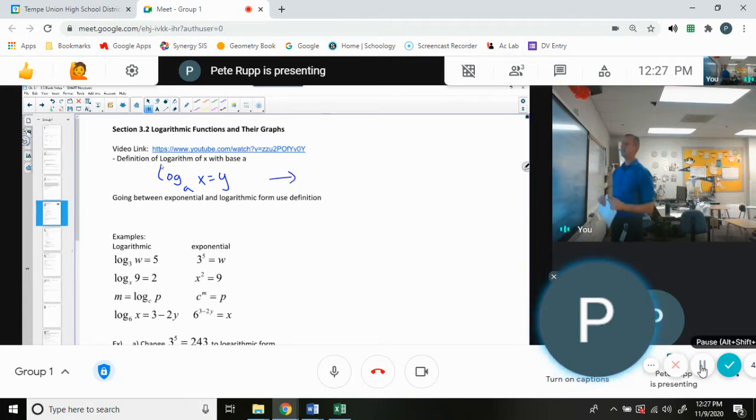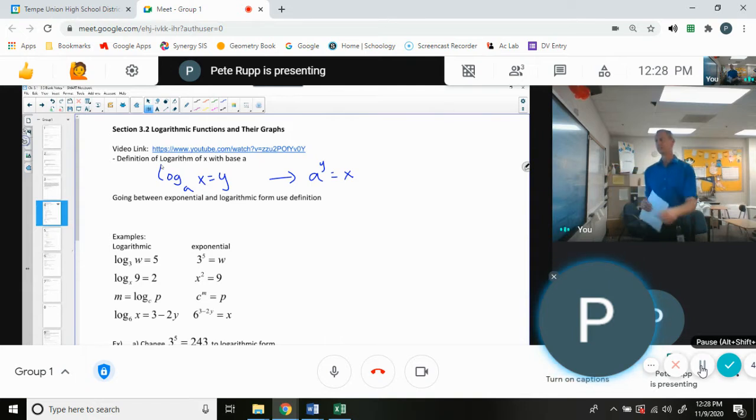Make sure you understand the way we say this. If the a is subscript, which means lower, it's log base a of x equals y. And in order to make that an exponential, you say a to the y equals x. If you write it down like this, it just follows that format: a to the y equals x.